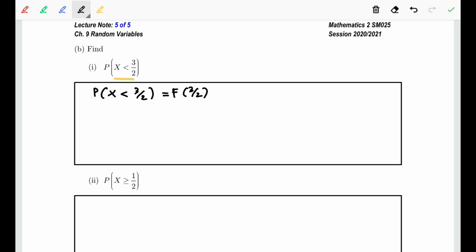We are going to use the CDF since we already calculated it. So you just substitute 3 over 2 into the correct function of the CDF. So we have to find where x equals 3 over 2.